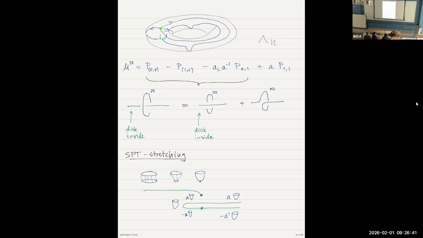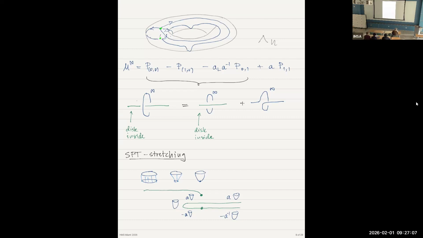If I take my curve count seriously, there should be a disk there which has some homology class A inverse, and this is drawn in green. When this circle shrinks, at some point it hits this green circle, and of course it can go straight through. That leaves us with the disk inside, and the curve that's going to infinity now becomes this P00.